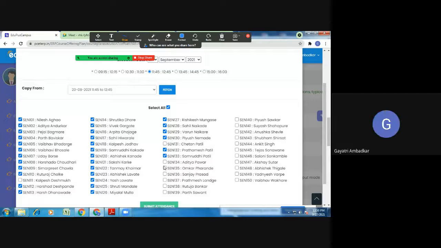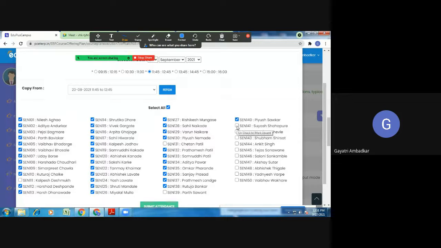Sanjay Prasad, Present, ma'am. Aditya Pawar is there. Prathamesh Landge, Present, ma'am. Ritika Bankar, Present, ma'am. Parth Sawant. Piyush Savkar, Present, ma'am.